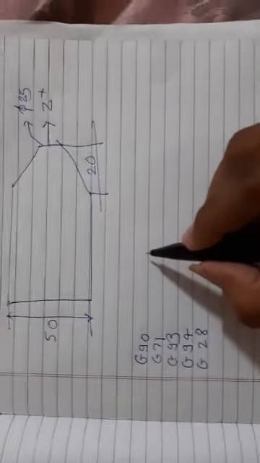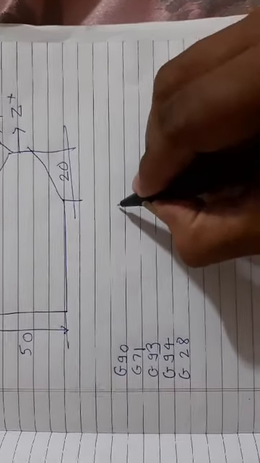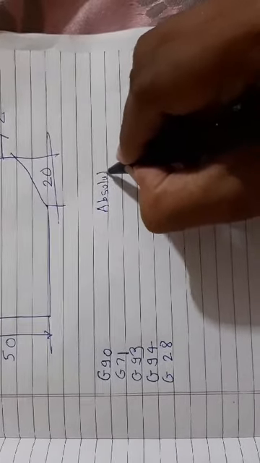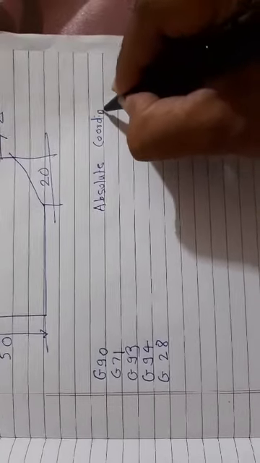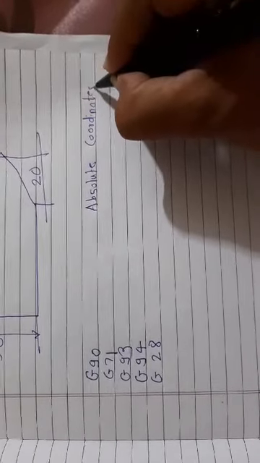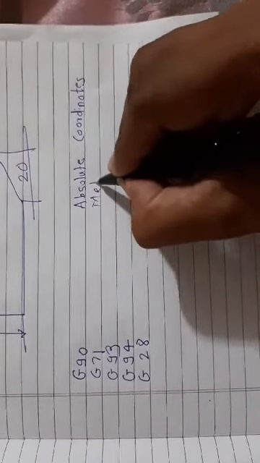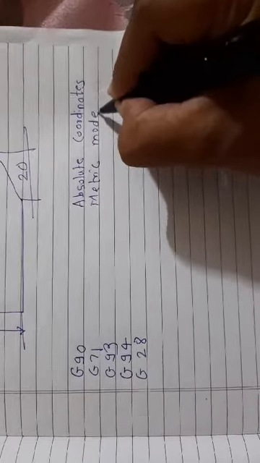Now here G90 shows that the program is done by the absolute coordinate system. I will write here absolute coordinates. G71 indicates metric mode for the dimensions.